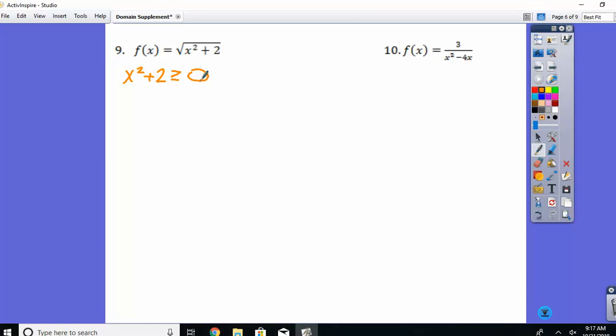You guys all have graphing calculators in front of you. Graph x squared plus 2 for me real quick. You get something like this, right?